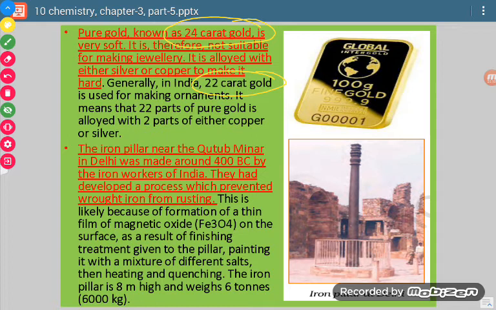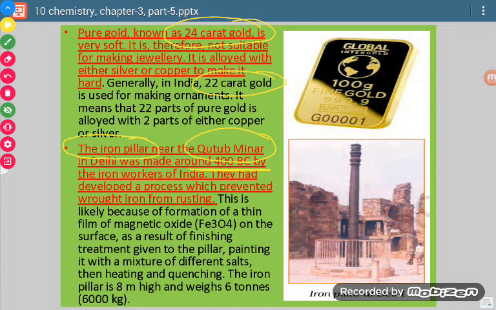Now, one more example of an alloy is that in Delhi at Qutub Minar there is an iron pillar. That pillar has been there from 400 BC, and we have not seen any decay in that pillar, and it is made up of iron. Iron is one of the components of that particular alloy.